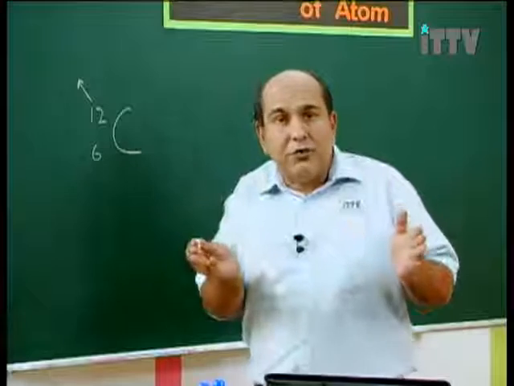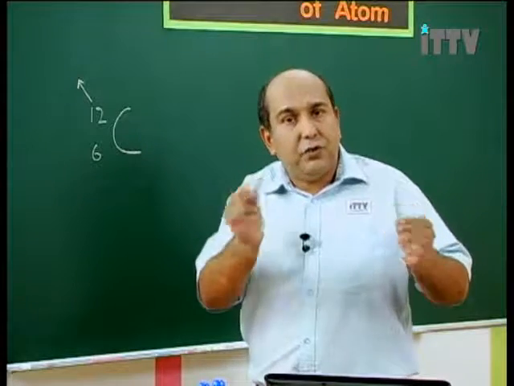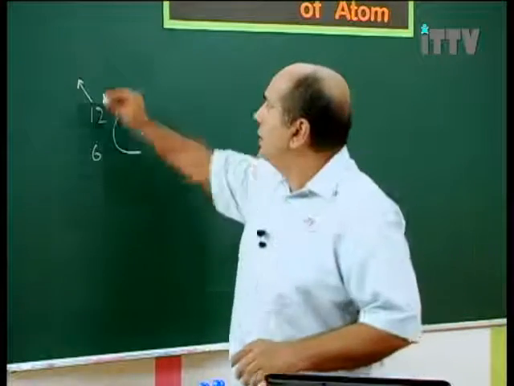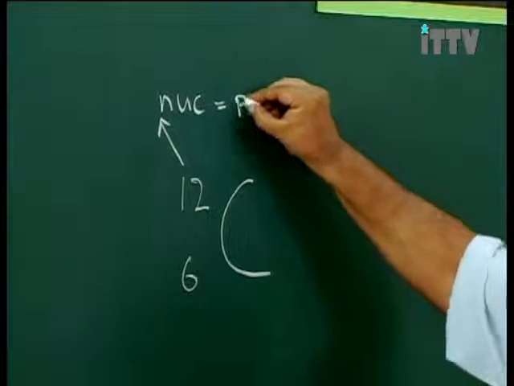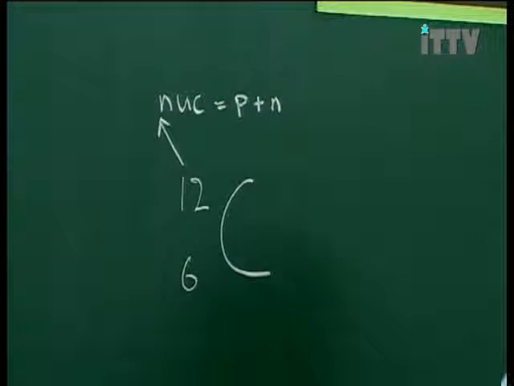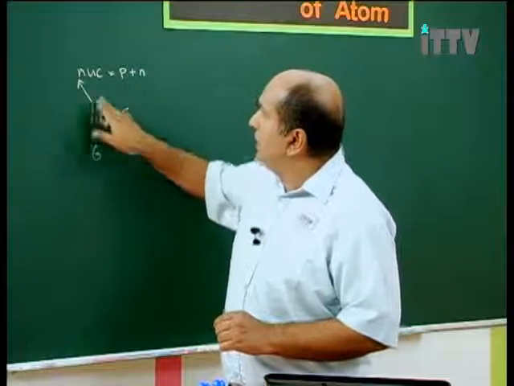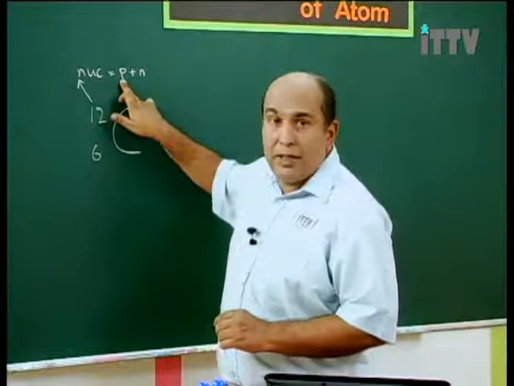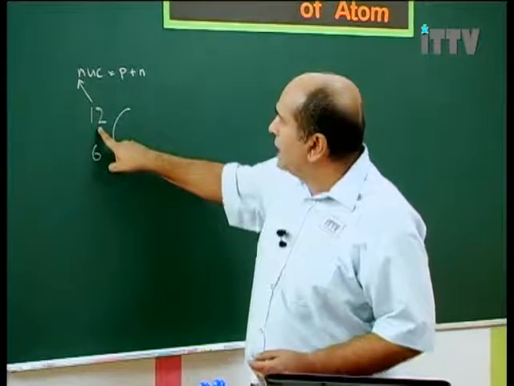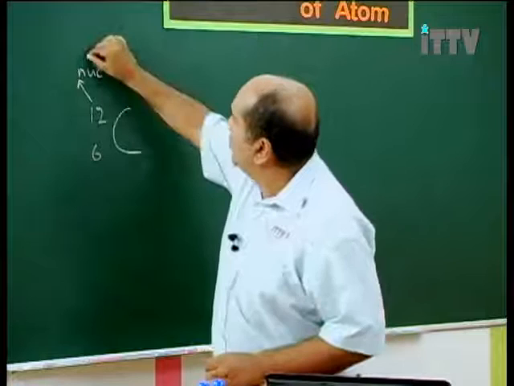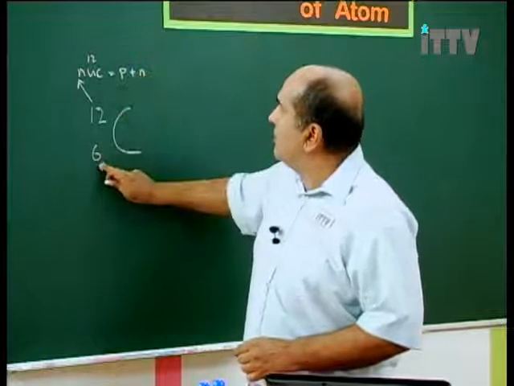Now, an easy trick that you can use is to just write down a very short form. Nuc equals P plus N. So remember, the nucleon number is equal to the proton number plus the neutron number. Now, if you know that this number is 12, you just put the 12 up there. This number is 6.